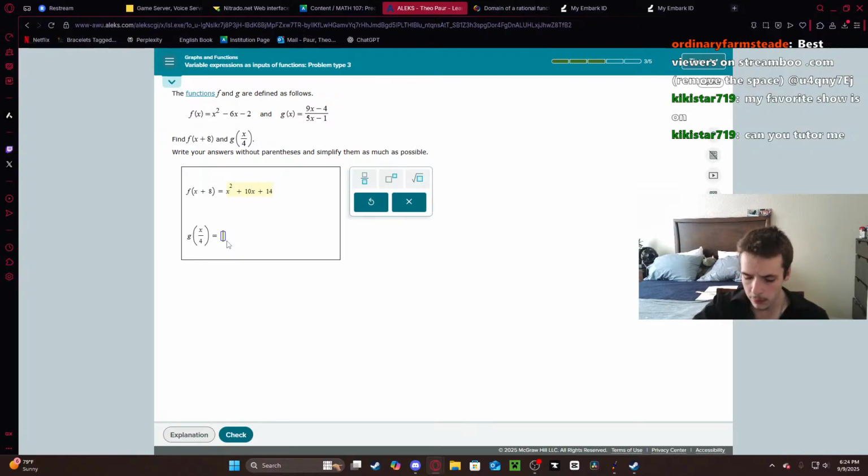Multiply everything by 4. We have 9x minus 16 over 5x minus 4. We can divide both sides by 4? No, we cannot. We just undid that. So we have 9x minus 16 over 5x minus 4. Perfect. Check.